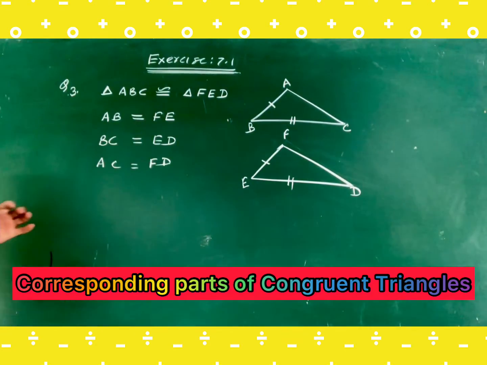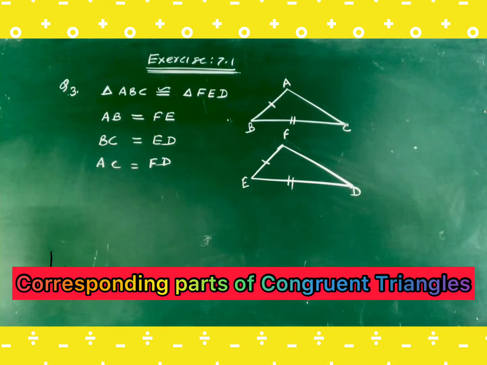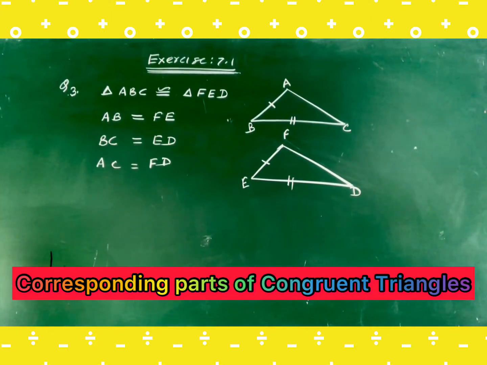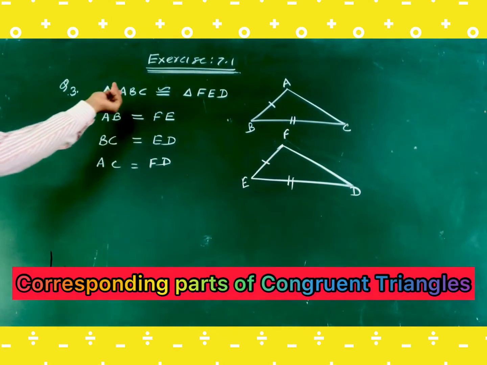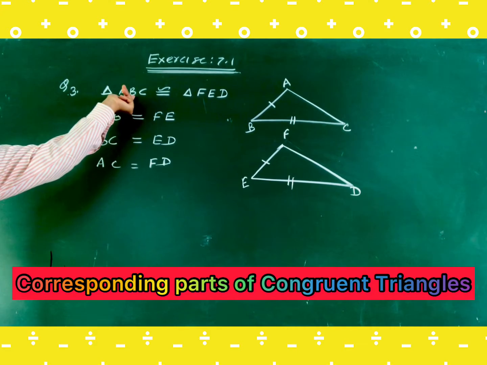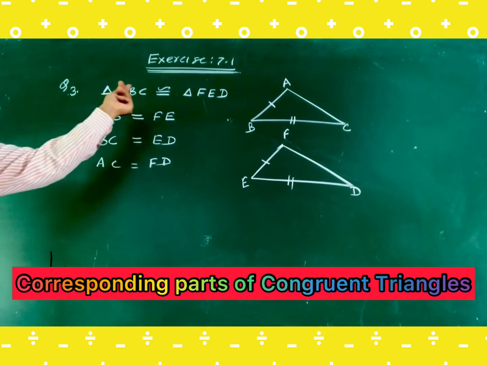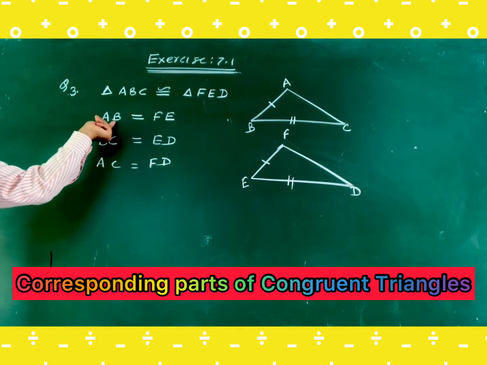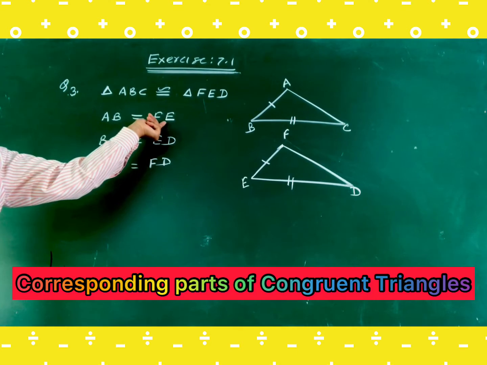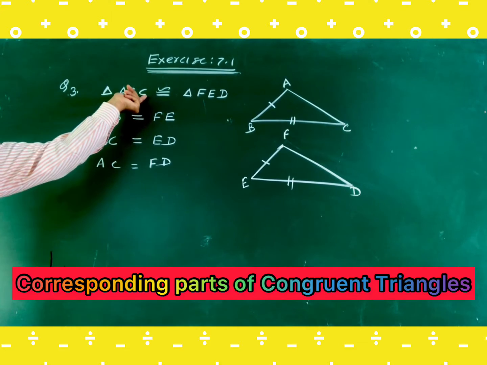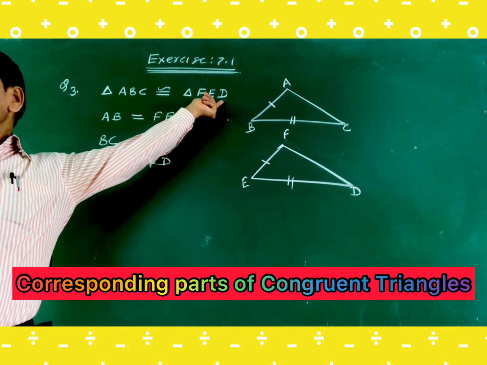After that, in the next part, without the diagram you can also state it, why and how. The first two letters of this triangle are what? AB, and the first two letters of this triangle are FE. So you can write that AB equals FE. The last two letters of this triangle are BC, and the last two letters are ED.